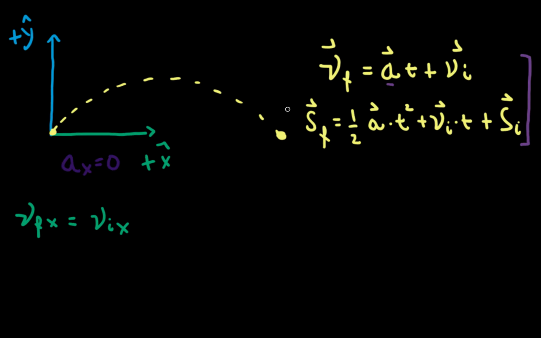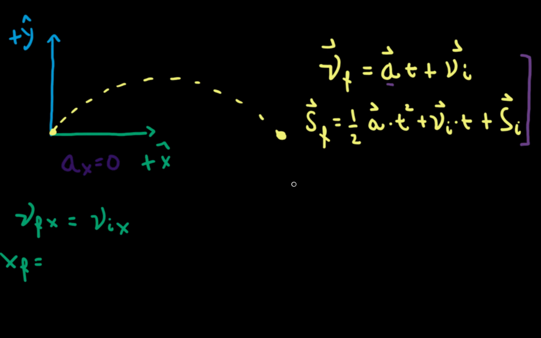Right, and so for the displacement in x, instead of talking about displacement, I'm just going to assign the coordinate x, just for clarity. So here, x final is equal to, so acceleration is 0 on the x, so this whole thing goes away.